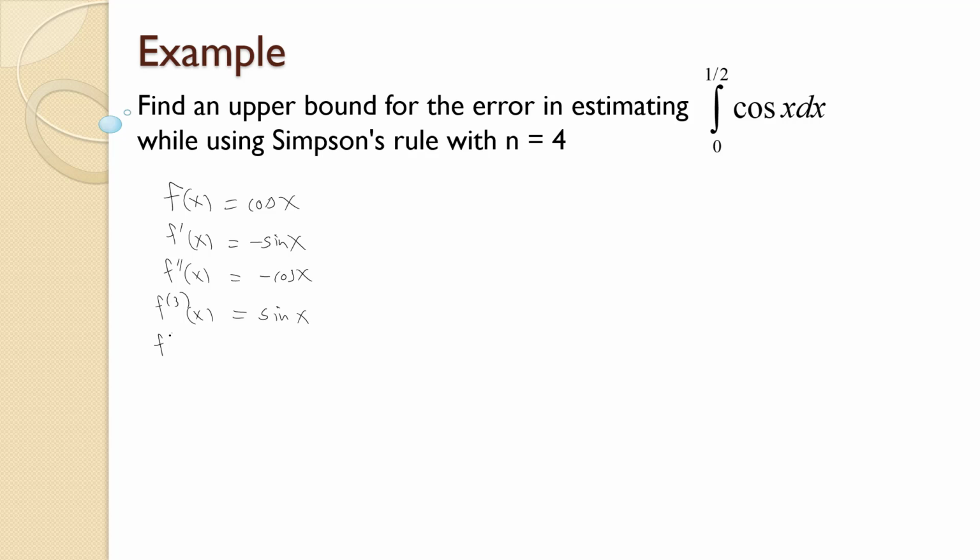And the fourth derivative, we're right back where we were, right back to the cosine of x. So I need to know then what could be the maximum value of the fourth derivative evaluated at x, where x can vary over the interval from 0 to a half?